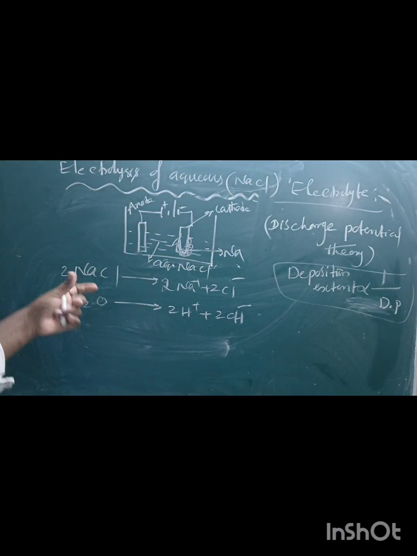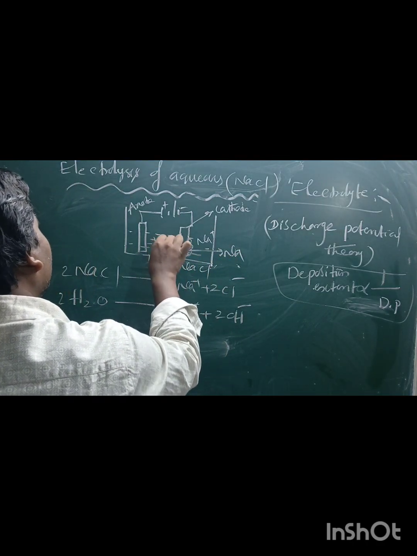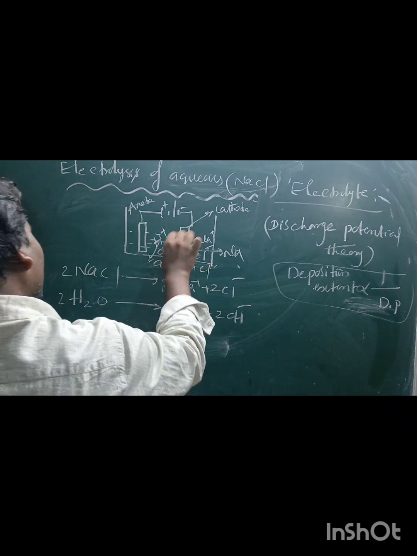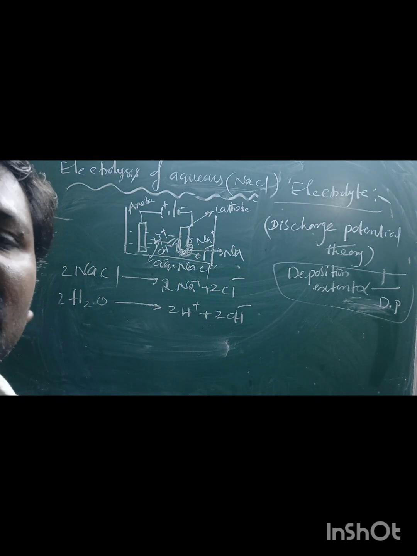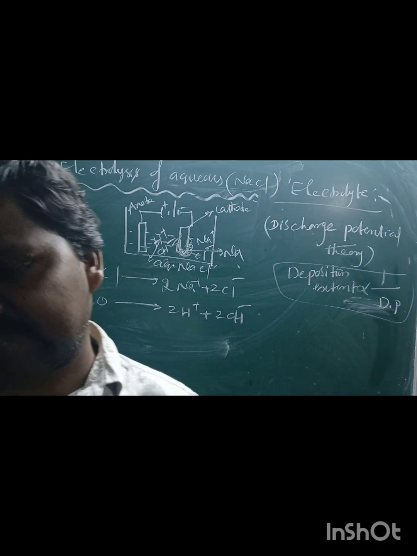Okay, here what the discharge potential theory says is that when a solution contains two or more cations, here Na plus ion is there, H plus ions also are there, Cl minus ions, OH minus ions.